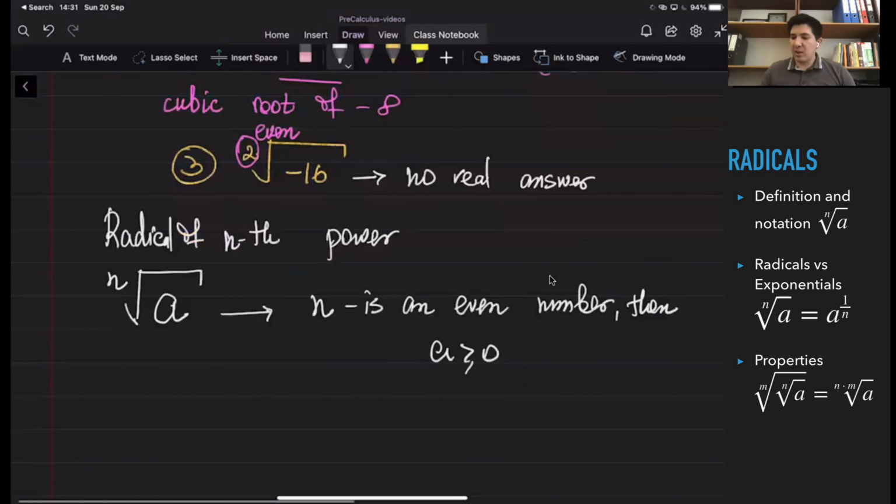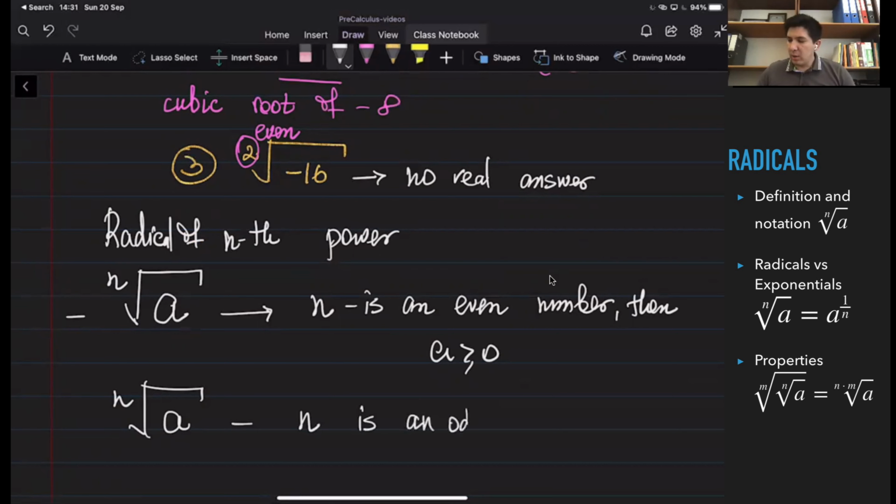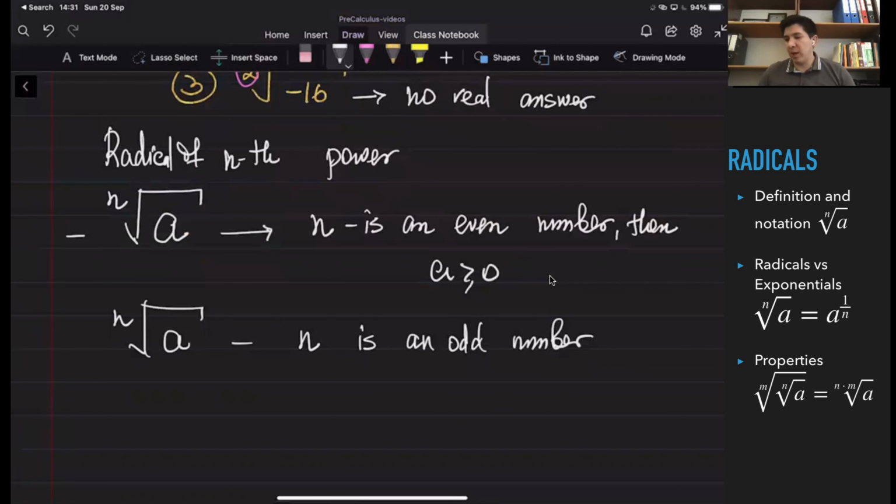If n is an odd number, it's okay that a is negative as well. So a is going to be any real number.